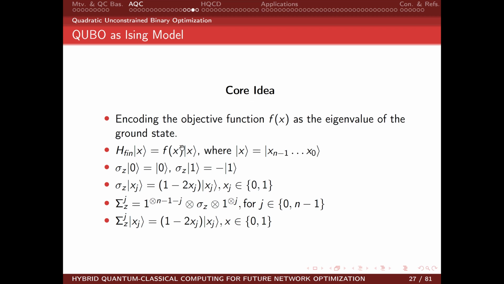So you can see here, we have H, the final Hamiltonian, and the objective function f(x), and the ket x represents all the optimal solutions we want to have.